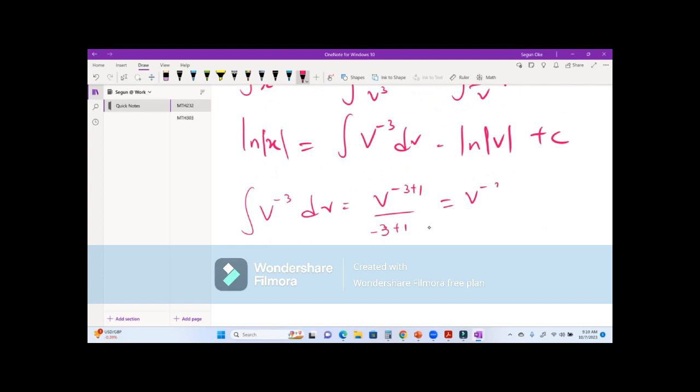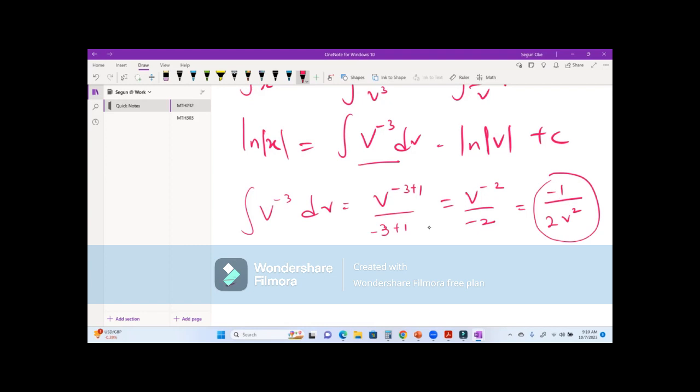V minus 2 over minus 2, which is the same thing as minus 1 all over 2v squared. So this is the solution for this. So you can substitute it back here.